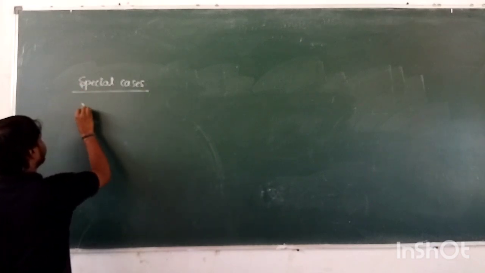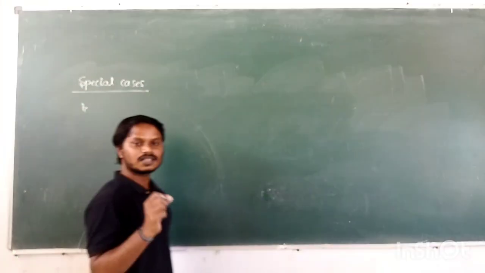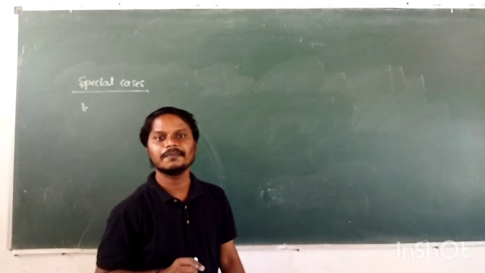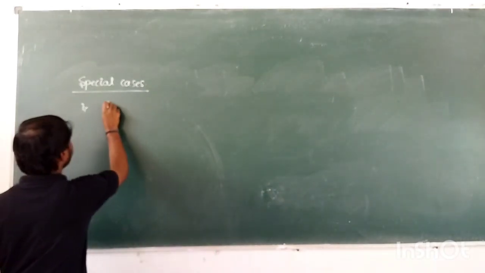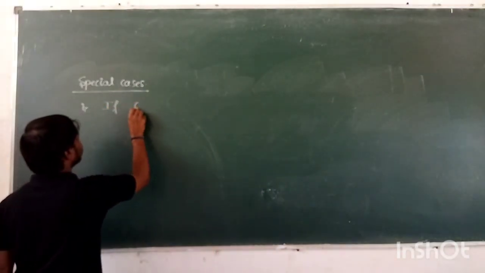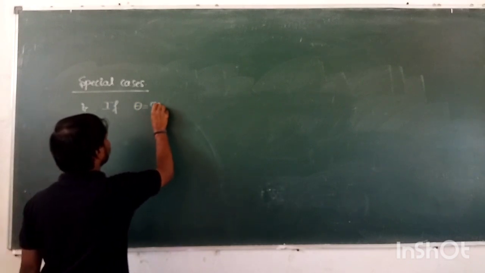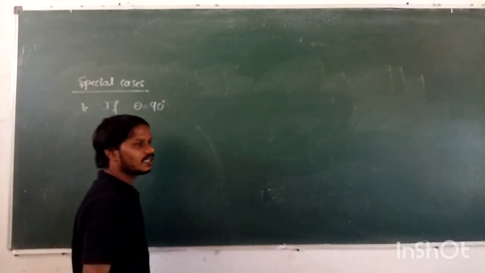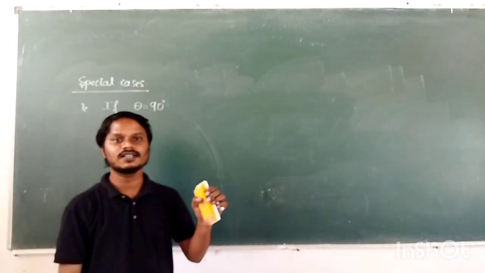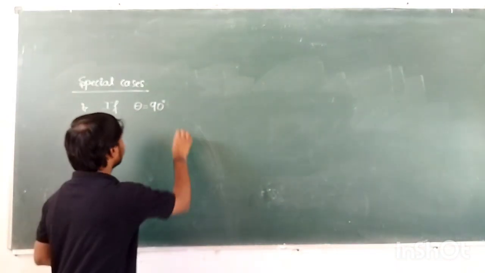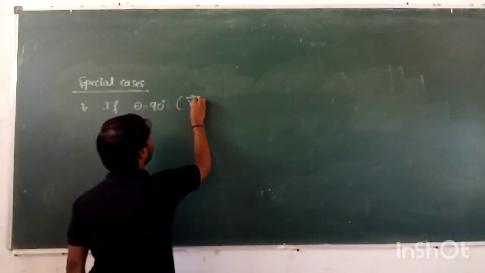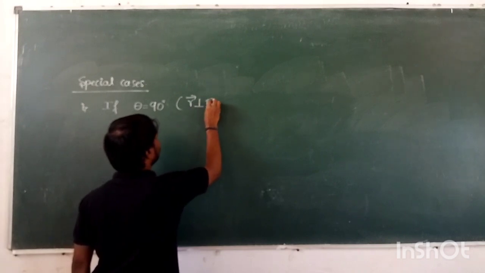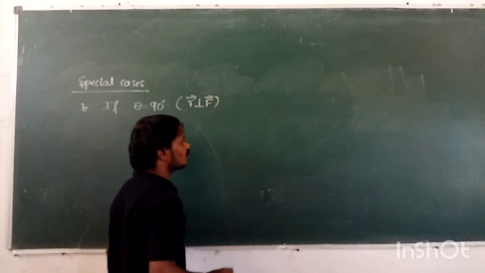First one: when is the torque maximum? If theta is equal to 90 degree. What do you mean by theta here? Theta is the angle between the force vector and position vector. So the position vector is perpendicular to the force vector.